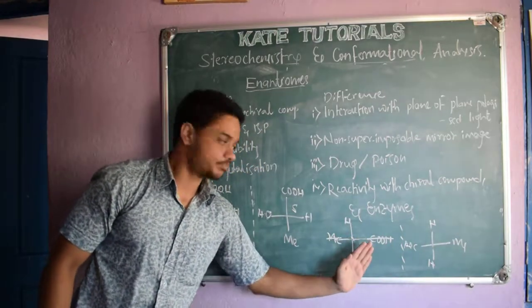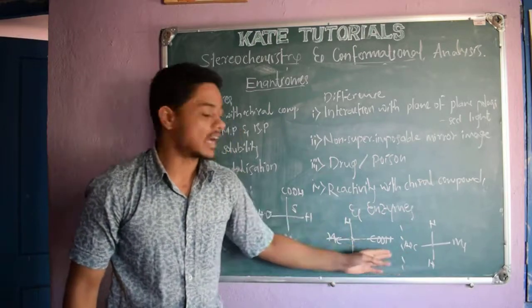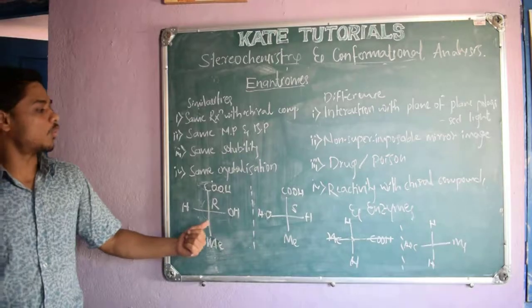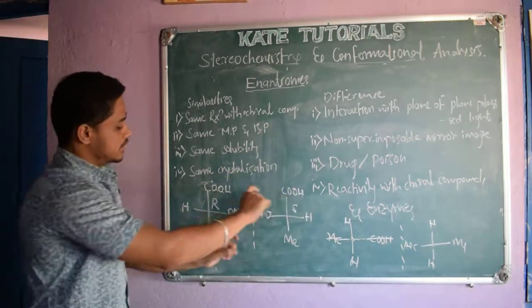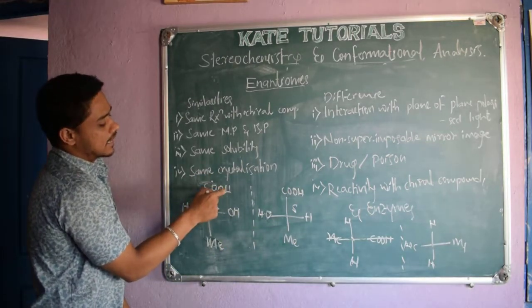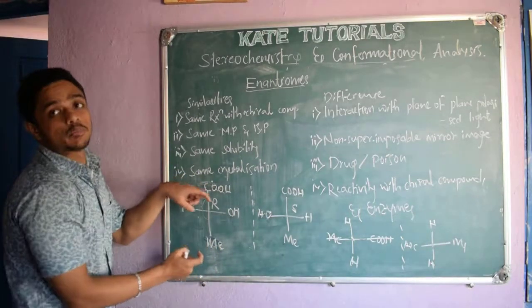Impose means I can overlap and both the molecules will be the same. So it has a superimposable mirror image. Whereas this one, whatever you do, you can't superimpose. If I rotate and try to place it, this methyl goes up and it can't cover this COOH, whereas COOH comes below here, so we can't superimpose.